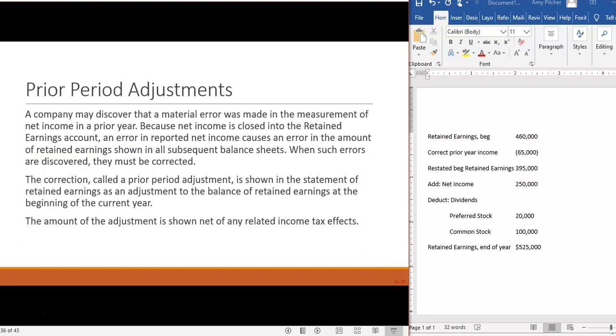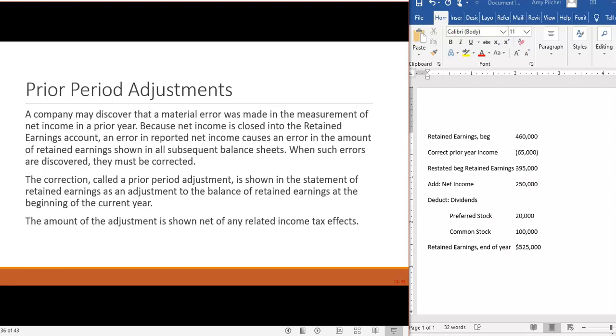As we saw in that example, we had a prior period adjustment. Because our net income is part of our retained earnings account, any time that we find that we had errors in net income, we're going to make changes to retained earnings.